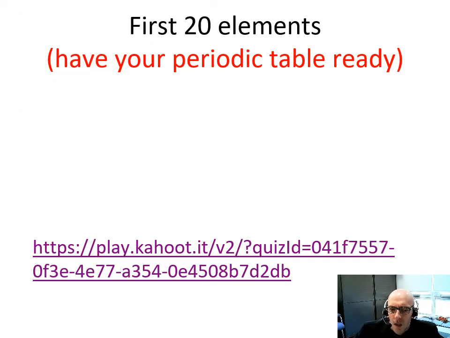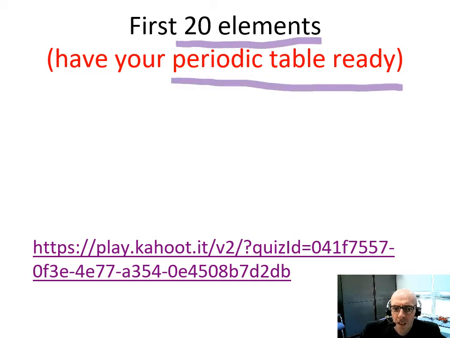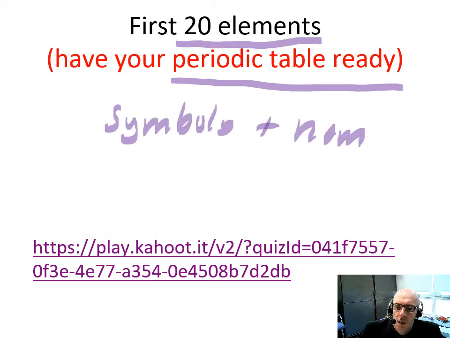So if you're in the live lesson, you will have done this Kahoot, and the first 20 elements on the periodic table, you are expected to know their symbols and names.